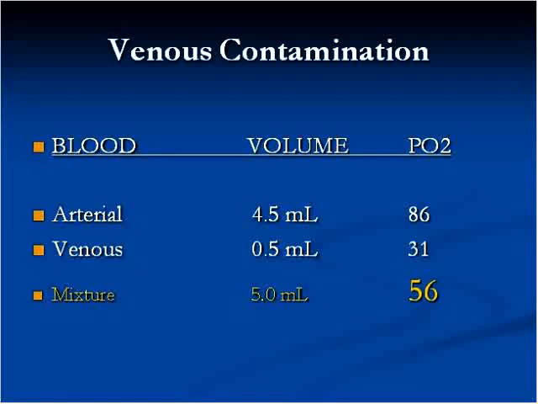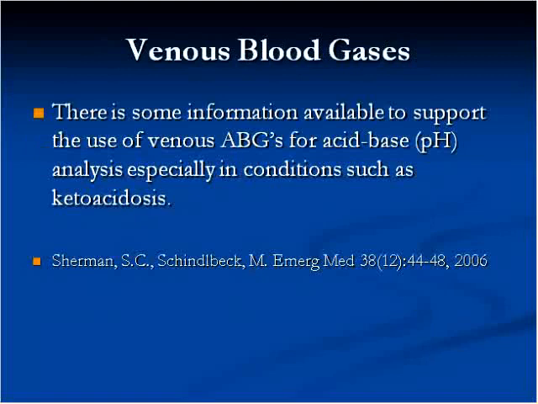But interestingly, with 90% arterial blood, the mixture, just due to that slight venous contamination, would give you a PO2 of 56. So again, there's some information. I believe we would treat a patient with a 56 a lot differently than we would treat a patient with an 86.